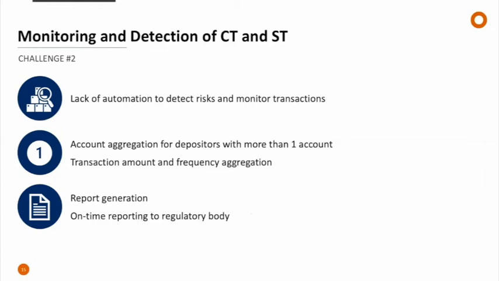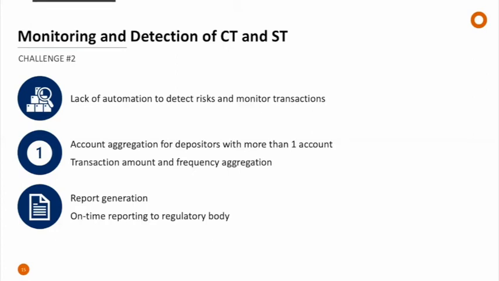The second string of challenges stemming from the implementation of AMLA and TFPSA is the monitoring and detection of covered transactions and suspicious transactions. First, mainly due to lack of automation to monitor the amount and number of transactions on a customer level.